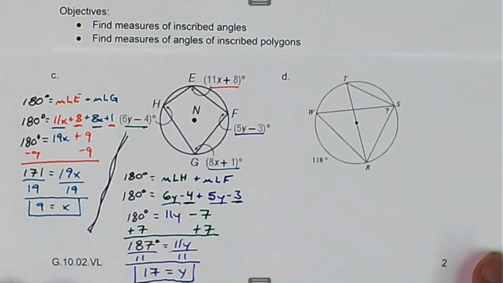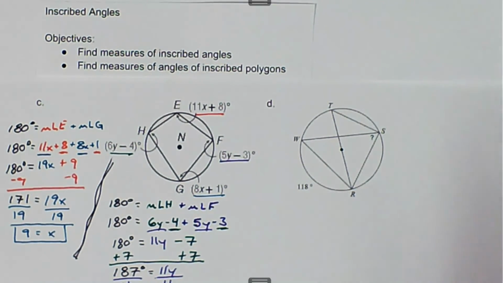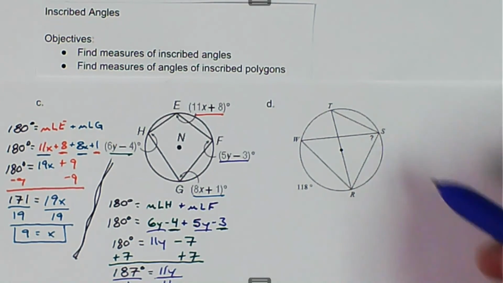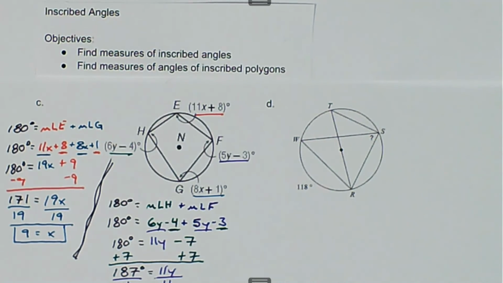And then we have example D, where we're given this huge figure, and we want to figure out what this angle is here. But it's really pretty simple.